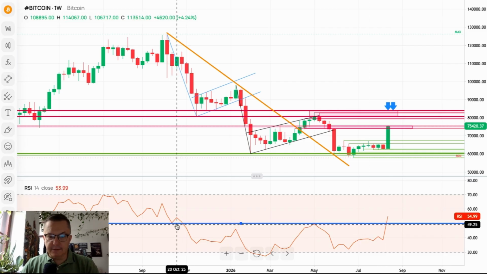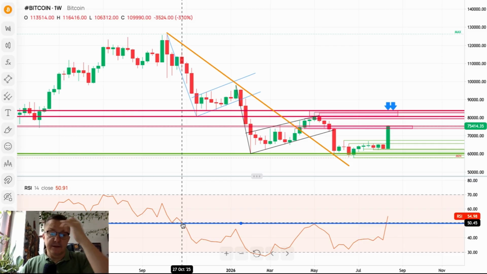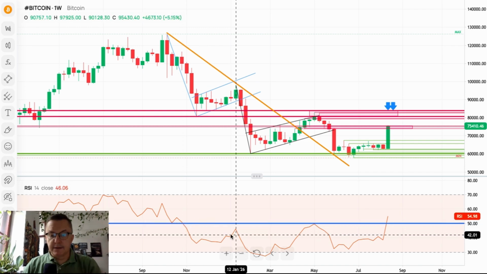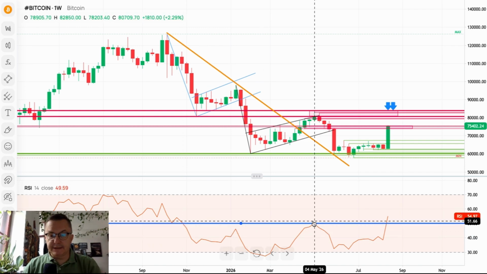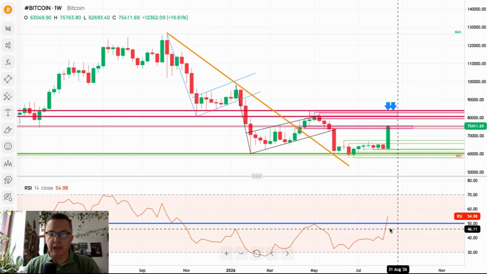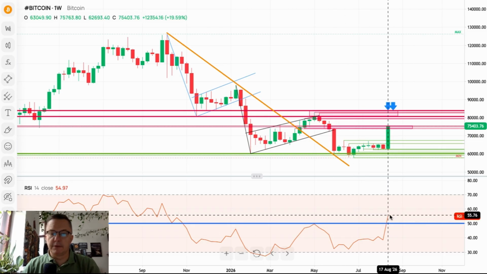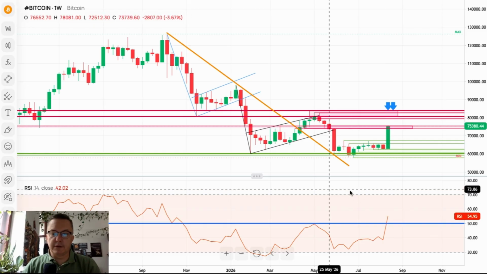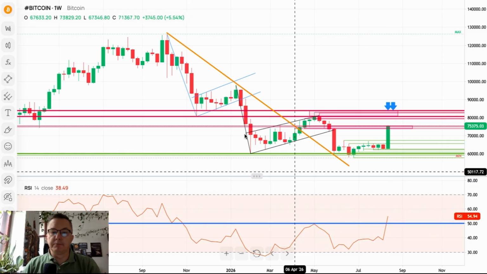Last time we've seen the breakout to the downside on October 27th, 2025. Since then, we stayed below the level of 50. We tested it during this pullback here and then moved towards 57,000. Now we broke with big momentum above it. Something is going on, and it's definitely bullish.